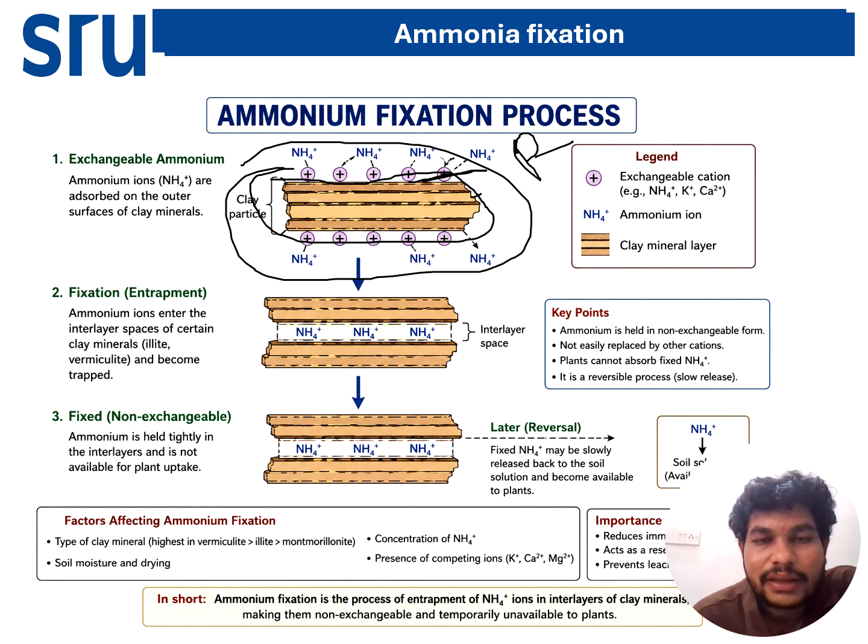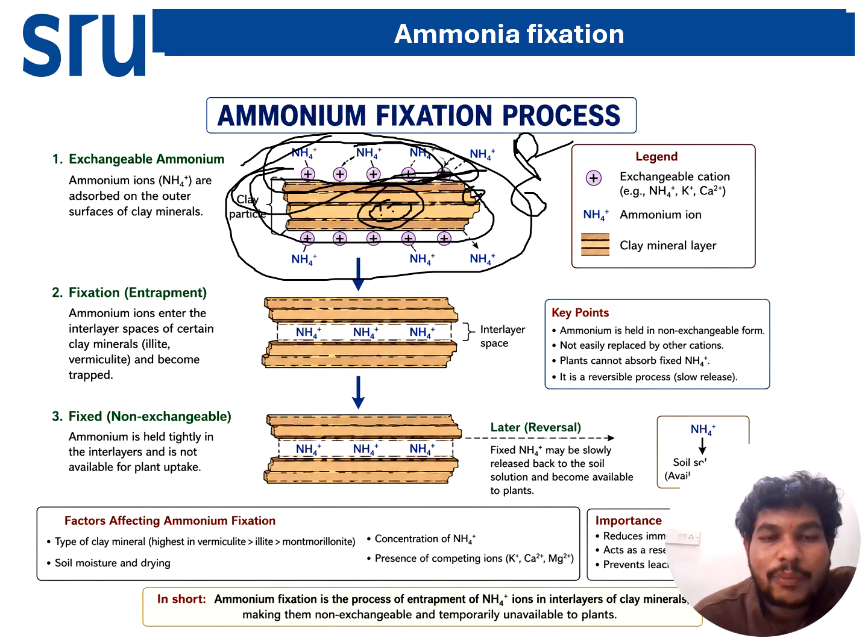One is the E position, that is the edge, and the middle one is the I position, meaning inside. So when you add fertilizer, the fertilizer concentration is higher in the soil solution, and it gets adsorbed on the soil surface. Some NH4 will adsorb on the P position, some on the E position, and some on the I position, right?